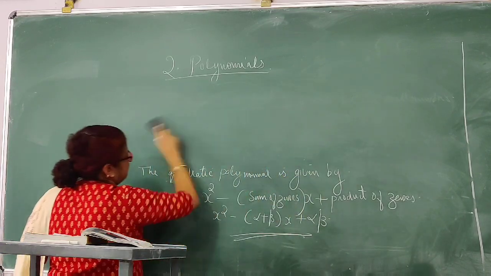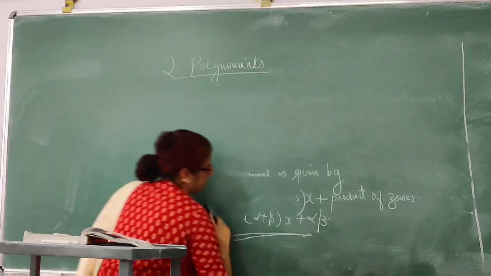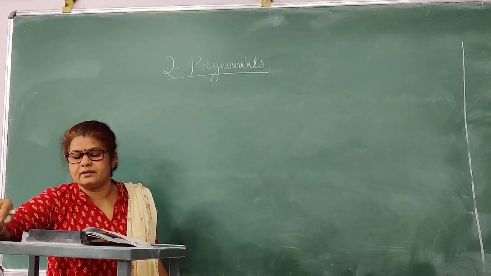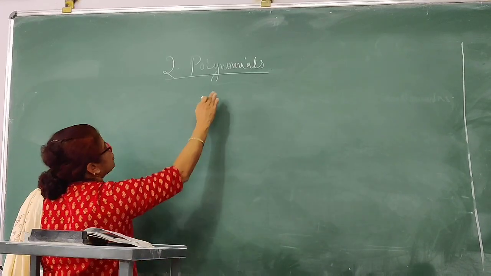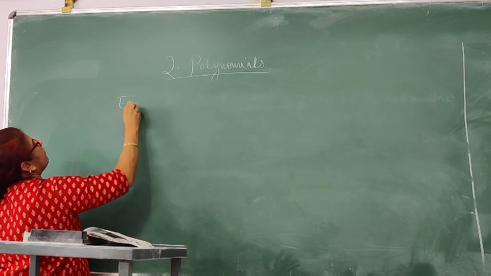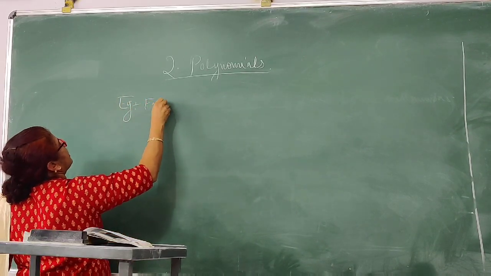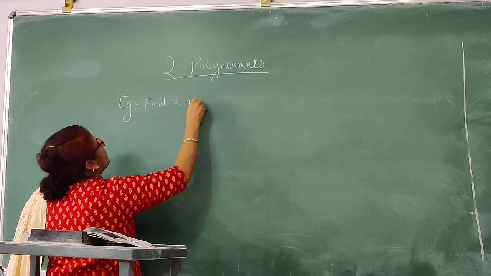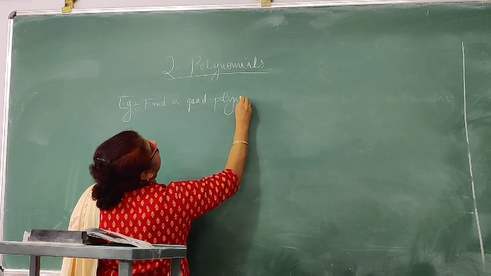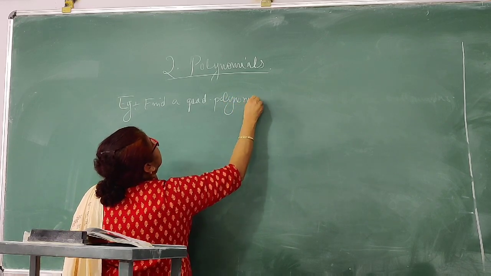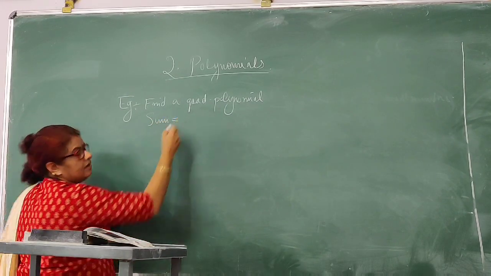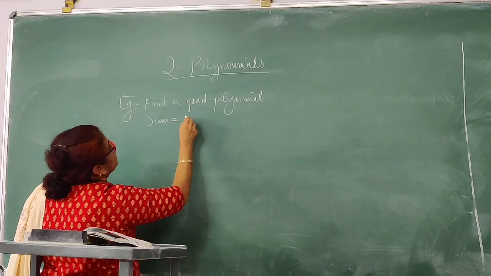The question is, find a quadratic polynomial whose sum and product of its zeros are minus 3 and 2 respectively. Find a quadratic polynomial whose sum and product of its zeros are minus 3 and 2.